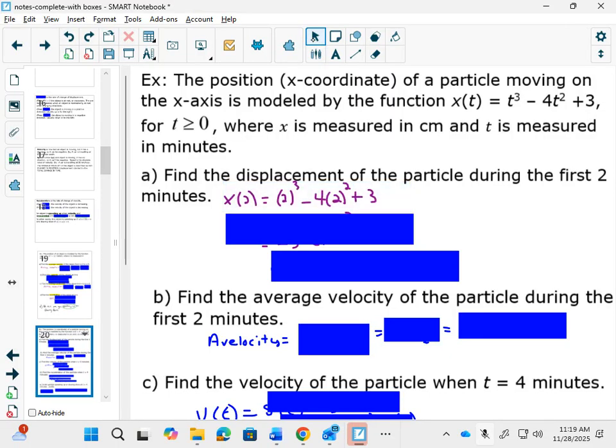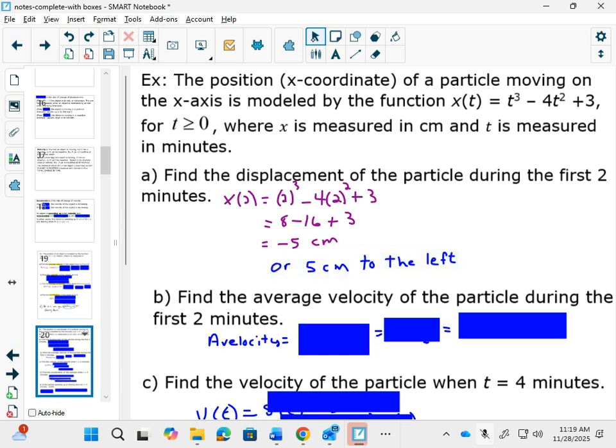Well, at 2 minutes, this is where it would be, at negative 5 centimeters. Means that it has gone 5 centimeters to the left.